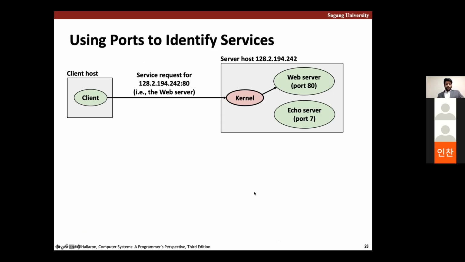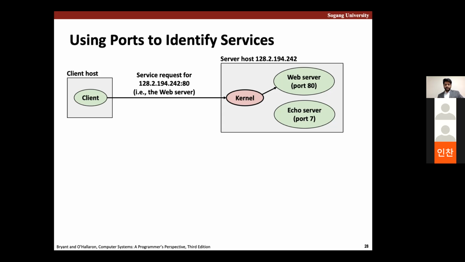Using ports to identify services is pretty important. When you have client and server socket addresses, the connection between these two is identified by the socket pair and port. For example, if a single host is running multiple services, then the server address needs to be appended with a particular port number in order to request a particular service.